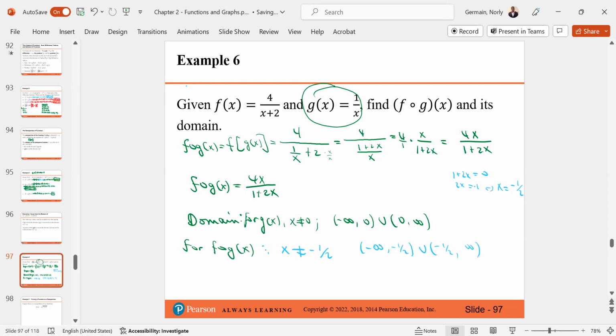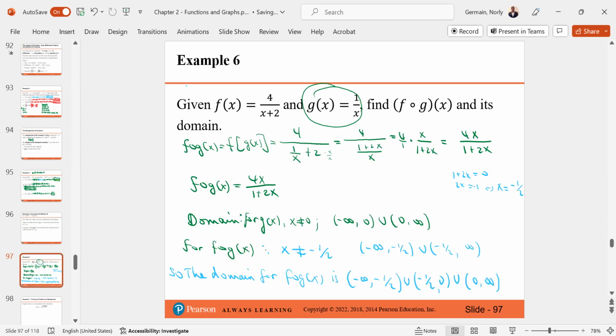But we're not done. Now we have an idea of where to go with all of this. So the domain for f∘g of x is negative infinity to negative 1/2, union negative 1/2, but not to infinity, we're going to say to 0, because 0 cannot be in it either, union 0 to infinity.